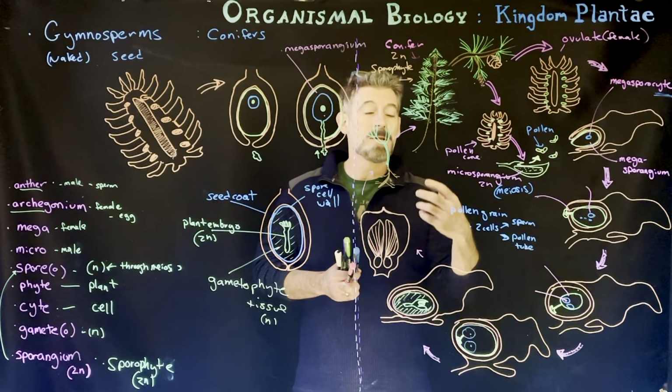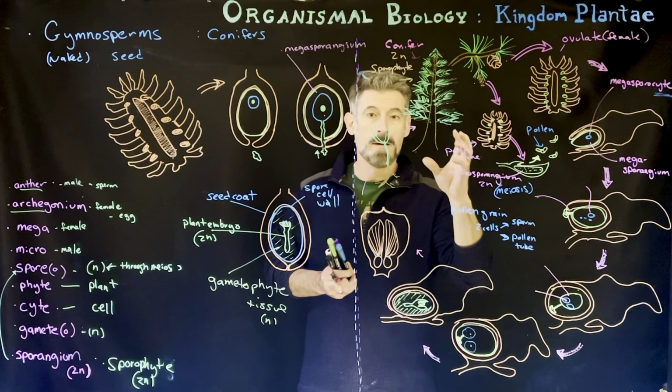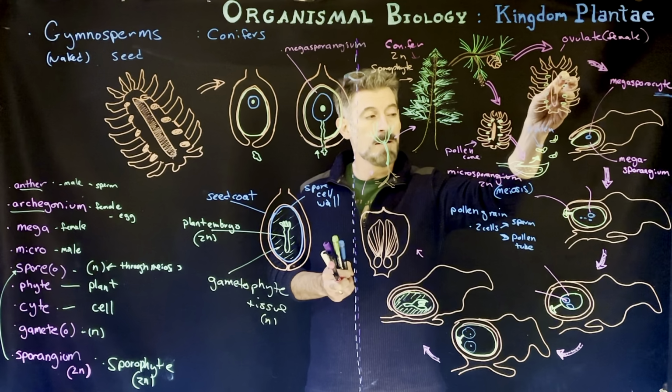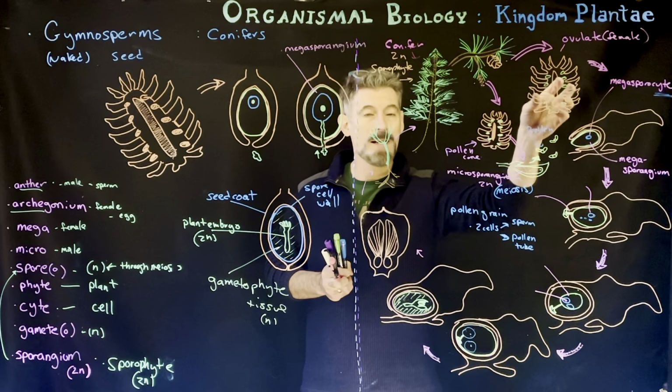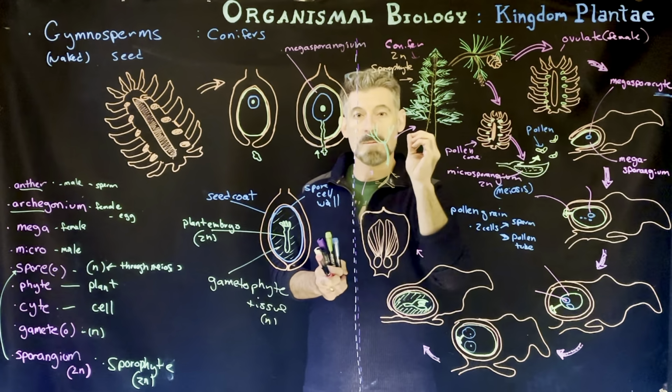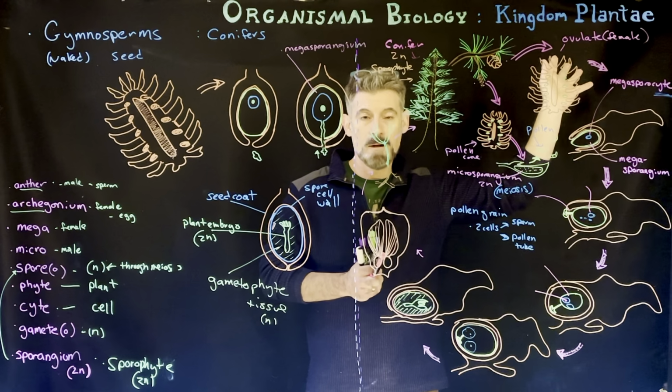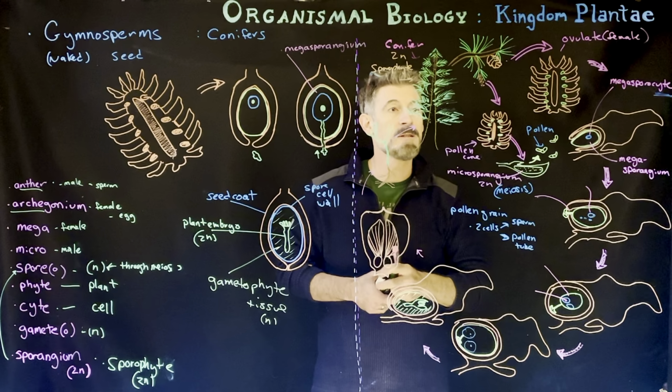So the pollen is the dispersal stage for the male. The female doesn't really have a dispersal stage. So the unfertilized egg, the ova, stays inside the cone, whereas with the male, the pollen is distributed from the cone. So that's the first aspect of this.